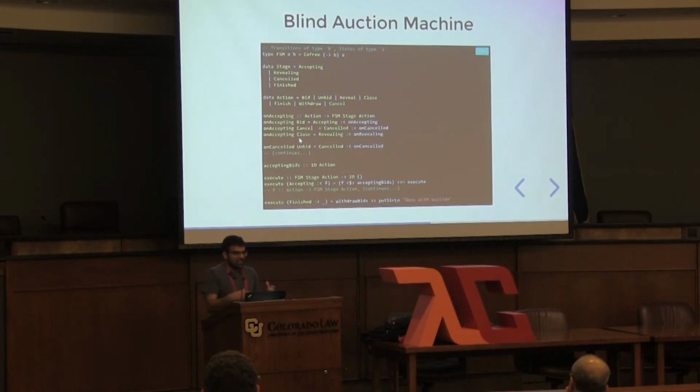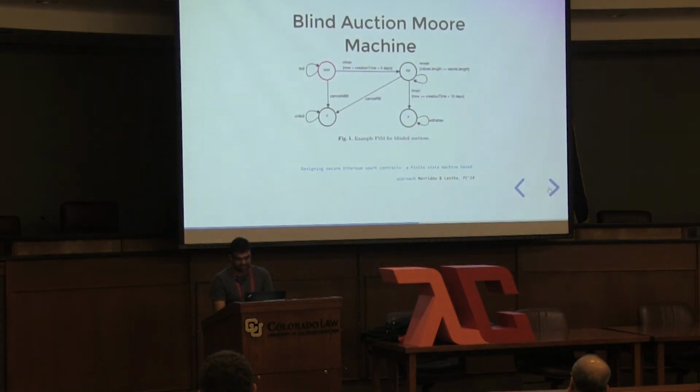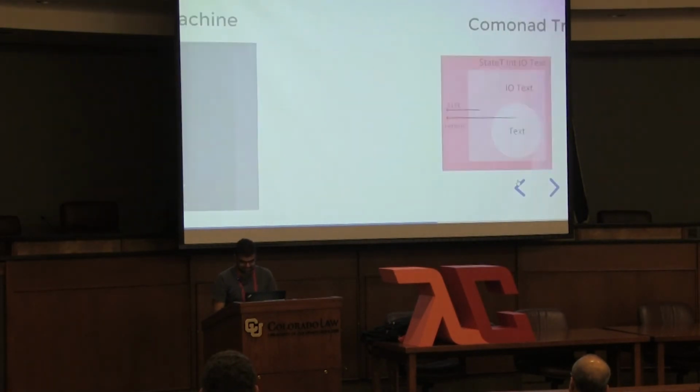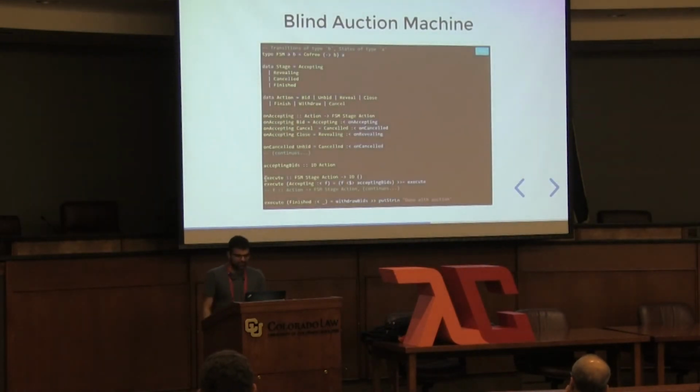So when you have a finite state machine, once you filled it out in this fashion to encode all of this, then you can actually do the execution. Suppose you have an accepting bids function, which contacts some things in the outside world and returns an action.